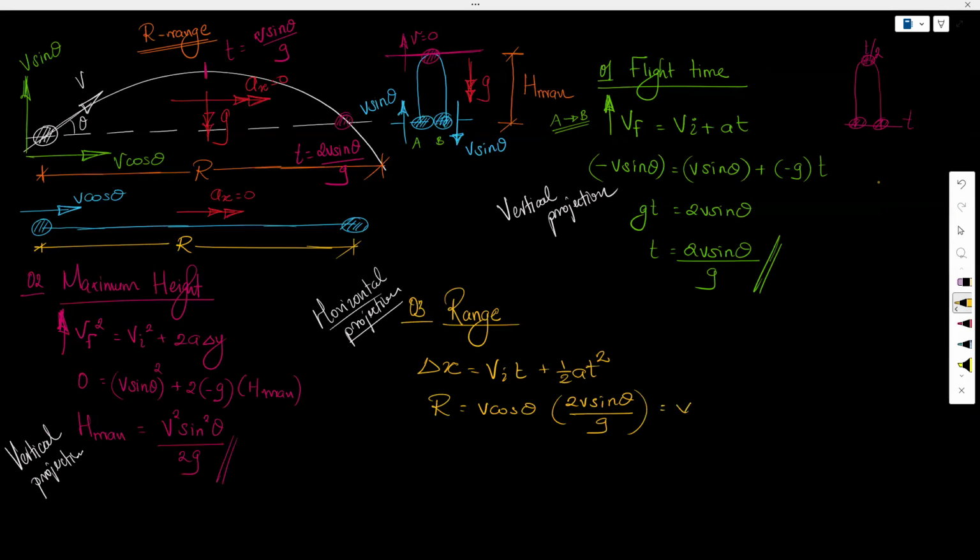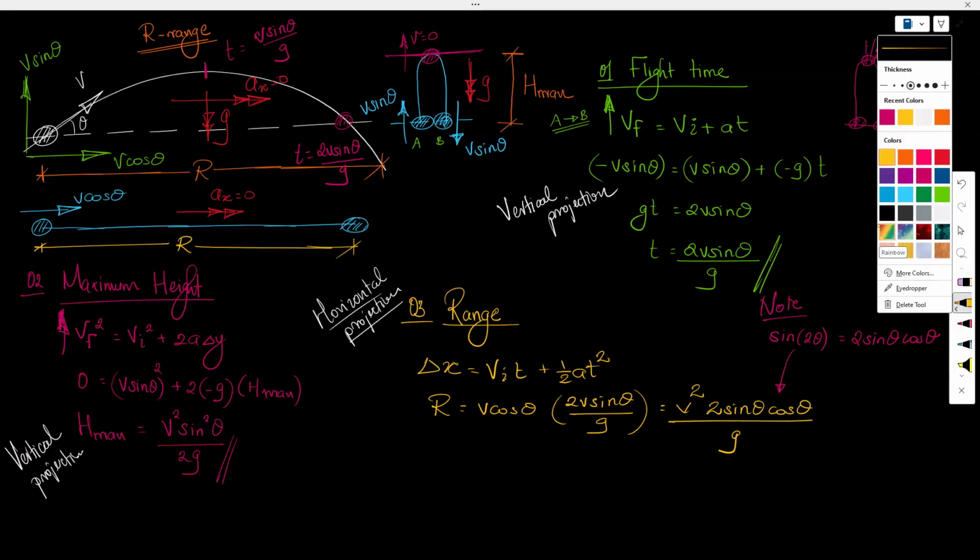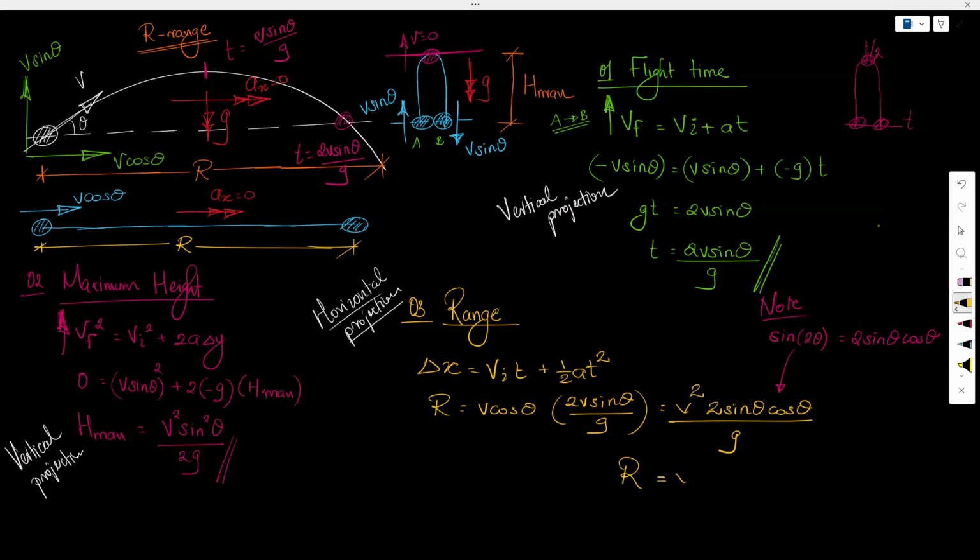I can rearrange this and I will get v squared times 2 sine theta cos theta over g. In math, you would have learned that sine 2 theta can be expanded as 2 sine theta cos theta. So I can substitute sine 2 theta for 2 sine theta cos theta, and I will get the range as v squared sine 2 theta divided by g.